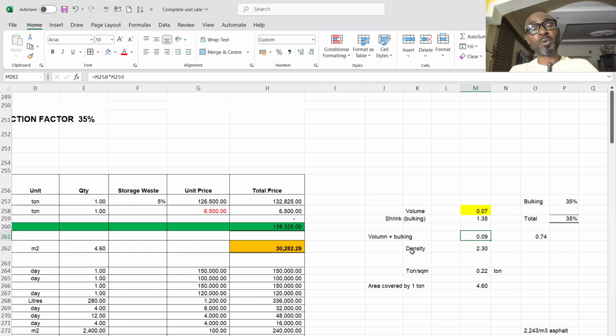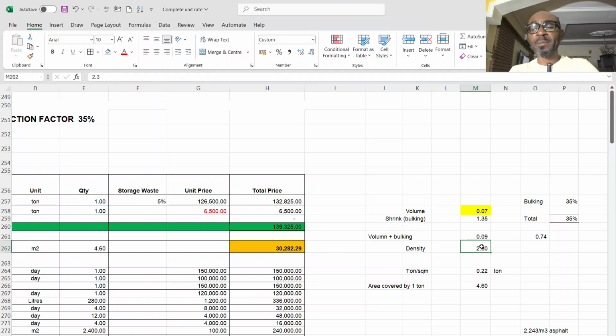asphalt is 2.3, unlike the concrete, where you have 1.5 for sharp sand. You have between 1.45, depending on your source of sand. So for the asphalt it is 2.3.